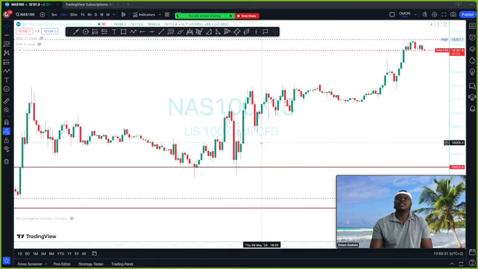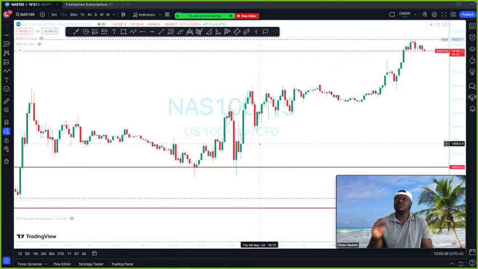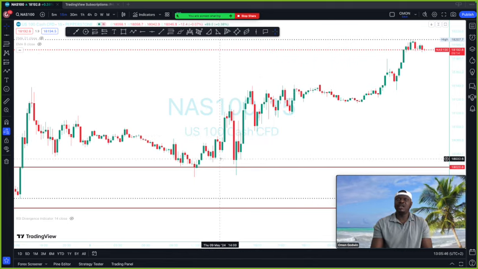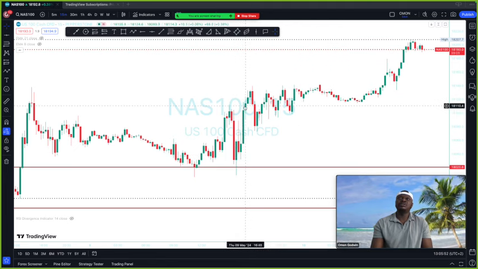Yesterday, later on, I also won the first phase on a 25k account for my student, but I'm the one managing the account. This is where I got in on the NAS trade. Boom. From here to here, I was able to make the 2,000 that was needed for the first phase. I've already won it, everything set.